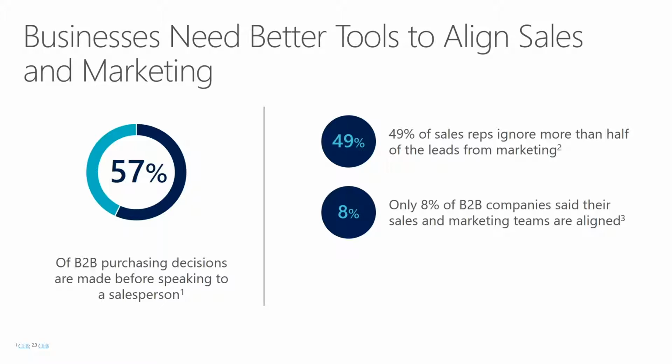So a good marketing automation solution should not just be good at some of the basics in terms of lead creation and nurturing, and helping to influence some of that 57% in favor of the salesperson. But it also has to help marketing and sales collaborate and work better with each other. And that's more important than ever.